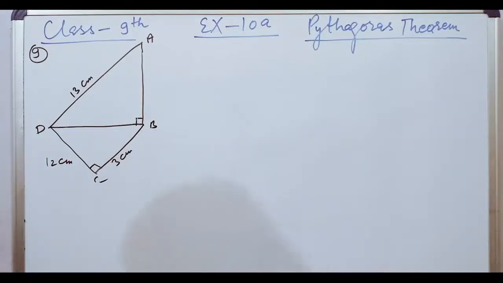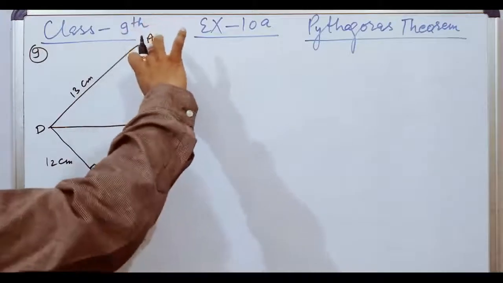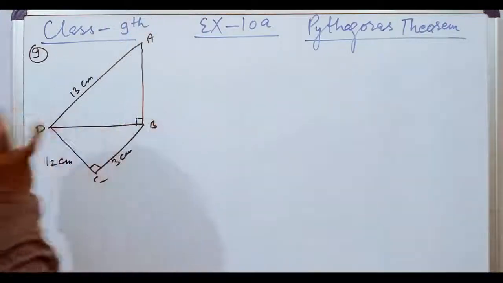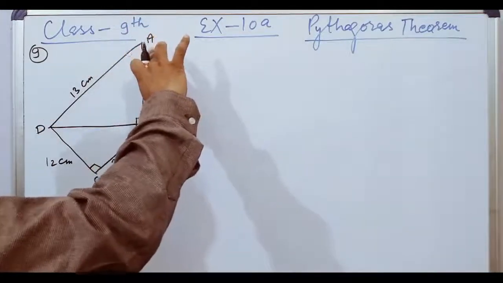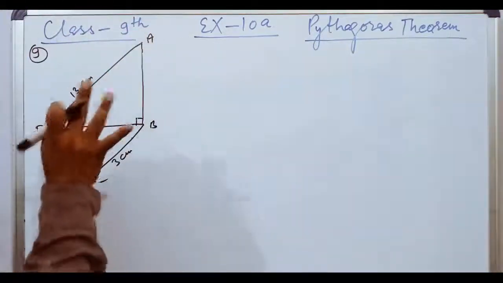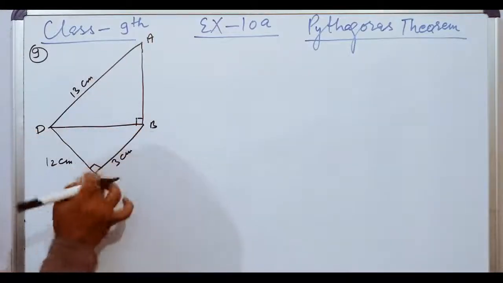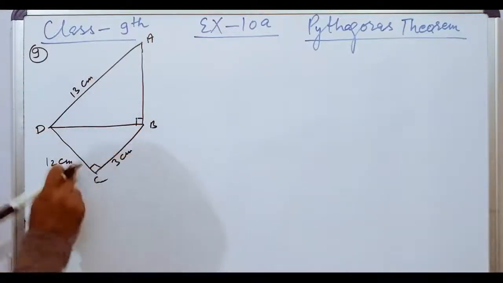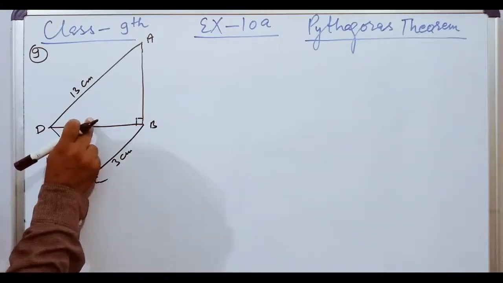So what to do here, dear student? AB in this triangle ABD. We don't know the side BD and AB. So we can't find by using this triangle because we know only one side. Then first we will go in right triangle BCD. In BCD, two sides are there and it is right angle triangle, and opposite of right angle hypotenuse is there.